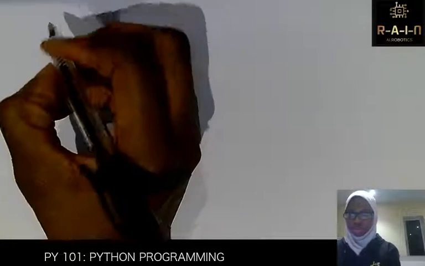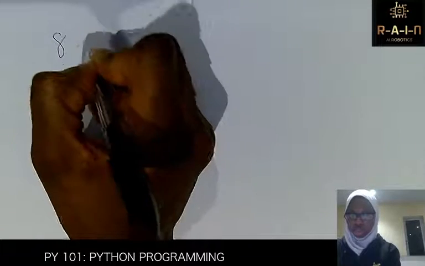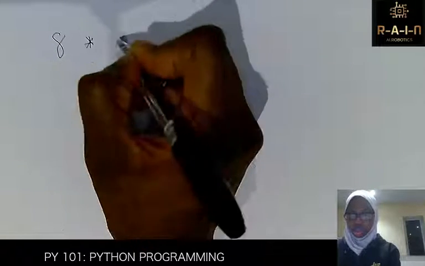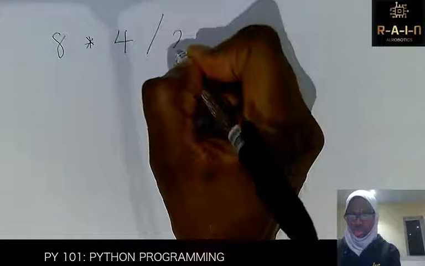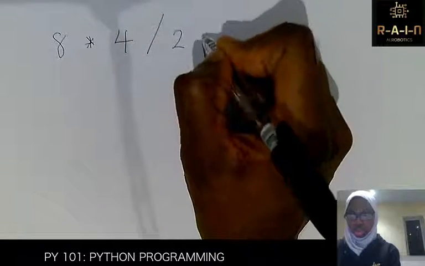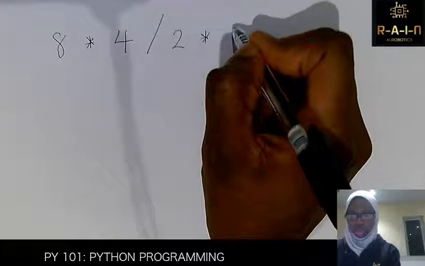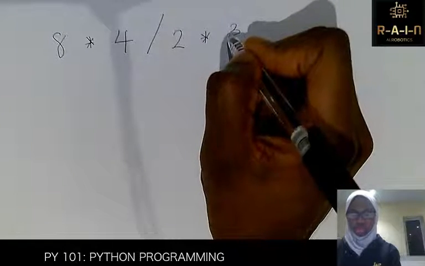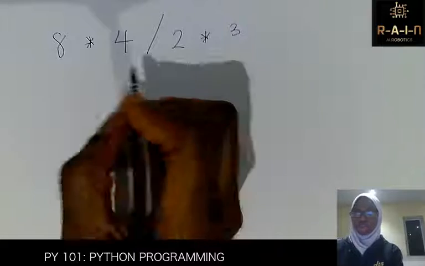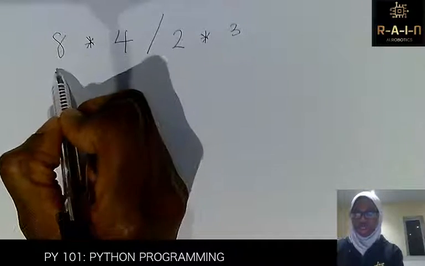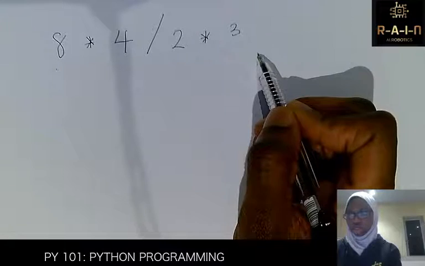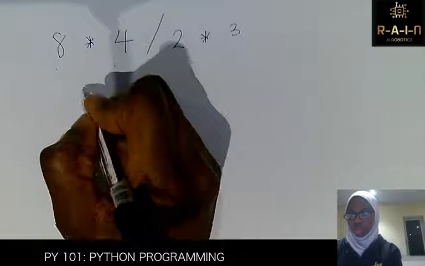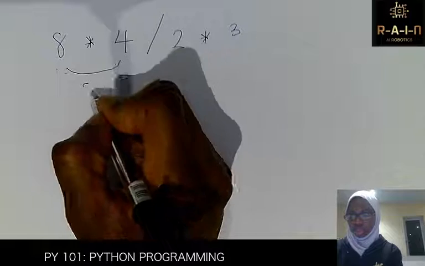So we have 8 times 4 divided by 2 times 3. Python is going to evaluate from left to right. 8 times 4 would give us what? 32.